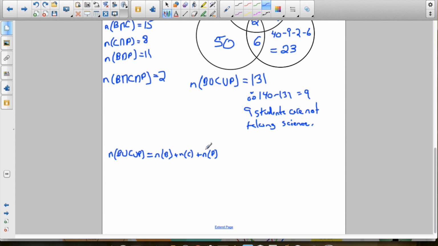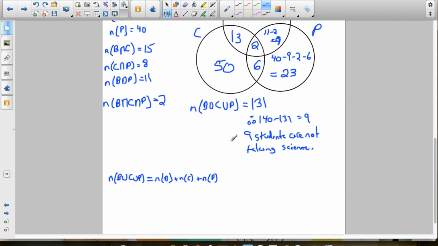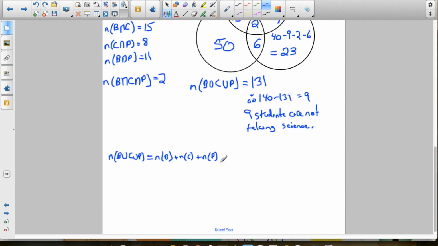But if I added all those up, I've actually double counted in some cases. So I have to subtract, just like before, the intersections. So the intersection of B and chem, B and P, and the intersection of chem and P.